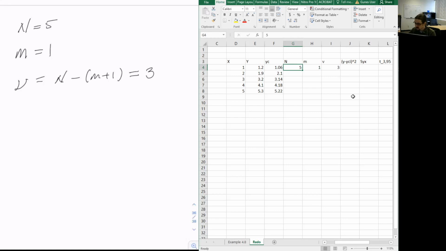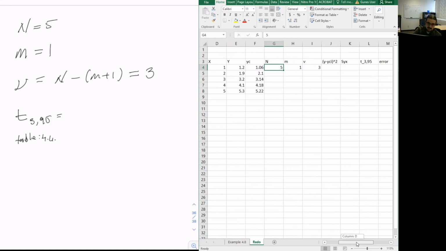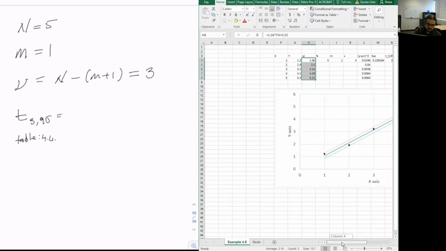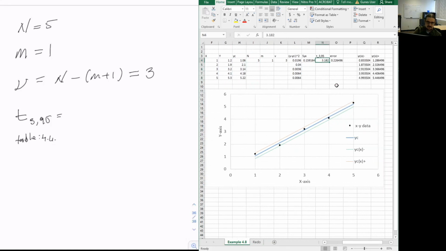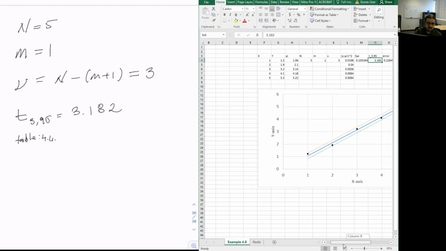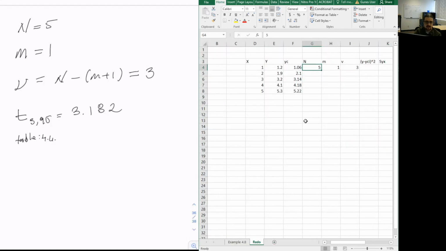Since our degrees of freedom is 3, my t value is going to be t 3, 95, if I look at table 4.4, I think it's in your first or second lecture. You can check it from there. And that value, so it's written here, is going to be 3.182, okay? And that's pretty much it for what we need to calculate.